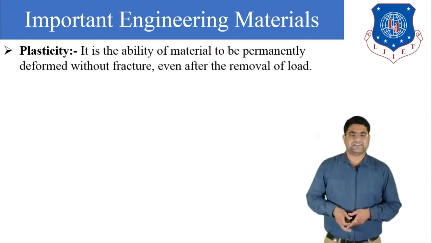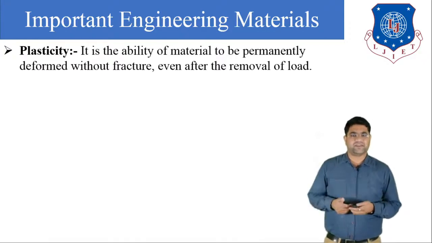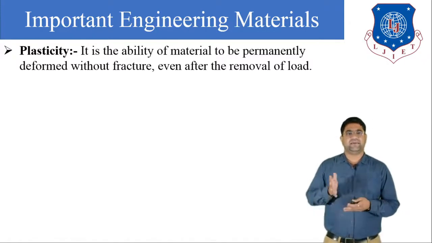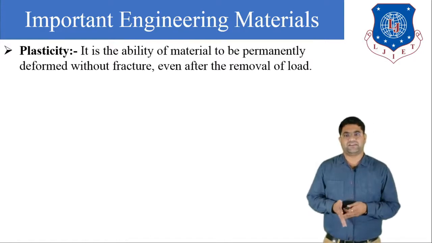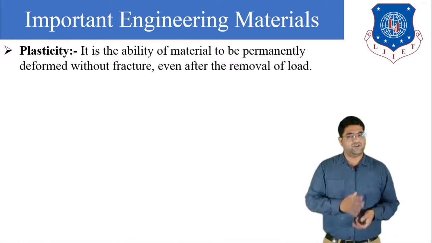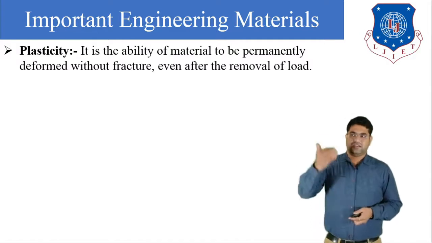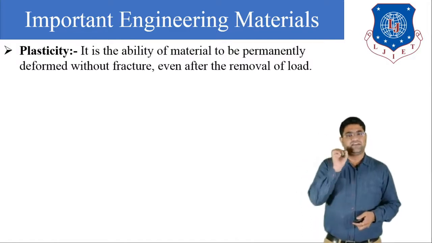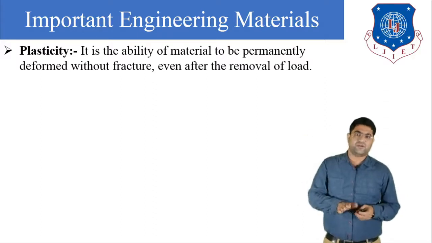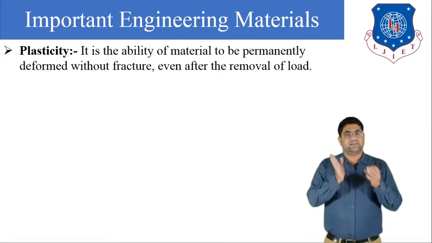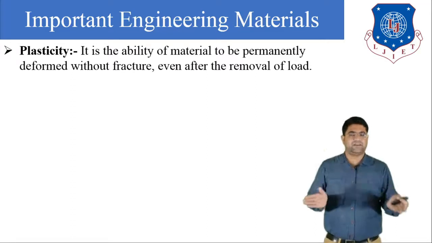Next is plasticity. Now what is the meaning of plasticity? Plasticity is the ability of the material to be permanently deformed without fracture even after removal of the load. We know that in the stress strain diagram, up to the elastic limit the material will be deformed elastically. If we apply more load than the elastic limit, then the material will be permanently deformed.